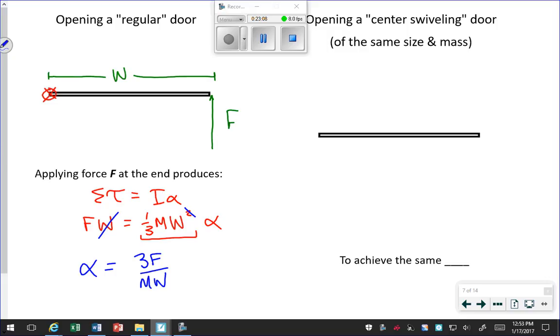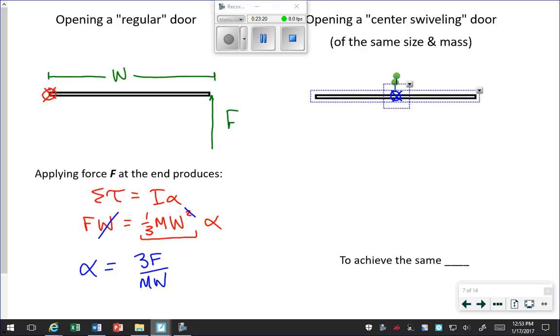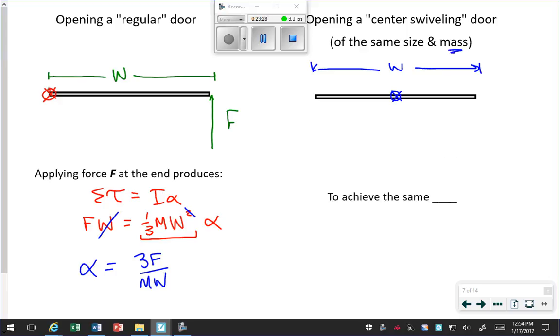Now let's look at a different door completely, a door that has a swivel in the center. But everything else about it is the same, all right? It still has a total width W, and it has the same mass M. Let's make the criteria that we're going to give this door the same angular acceleration.